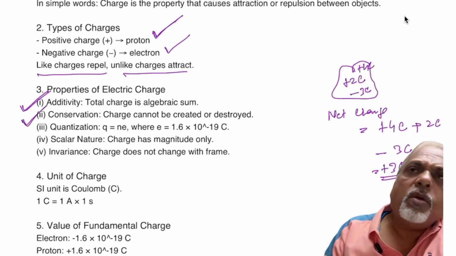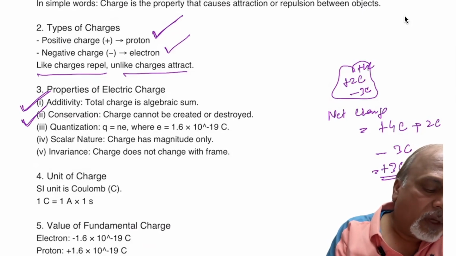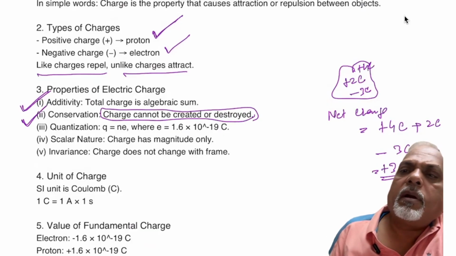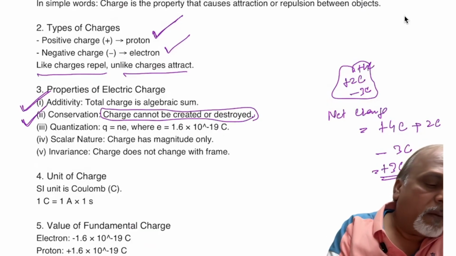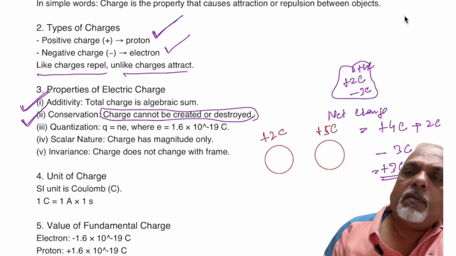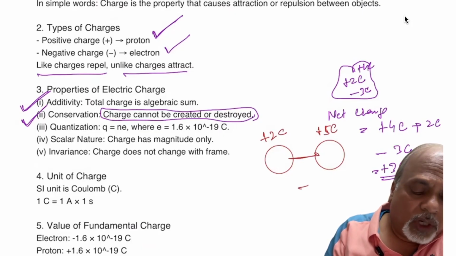Conservation. What do we mean by conservation of charges? Charges cannot be created or destroyed. Read this line carefully. Suppose you have one body with charge +2 Coulomb, another body with 5 Coulomb. Correct. Now, if you happen to join them, then what is the total charge?